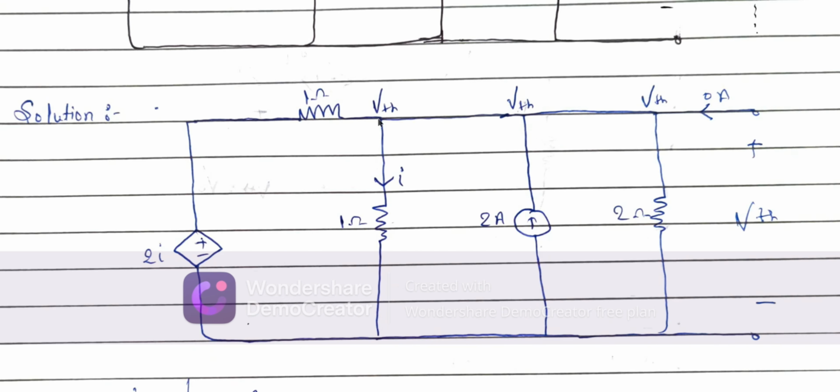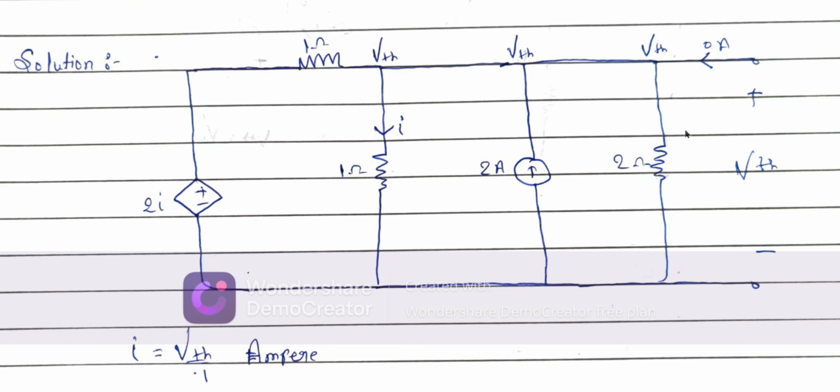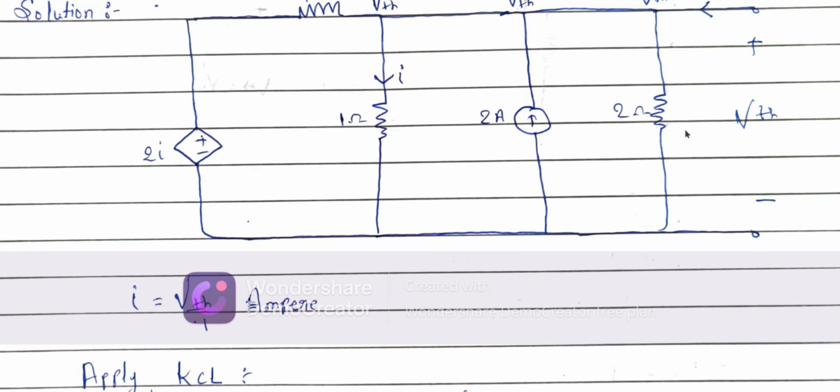In this solution, you can see the same voltage VTH is there. The open circuit voltage means the current will be zero, so we are taking 0 ampere as the current going from this node to this node. This is the open circuit current.